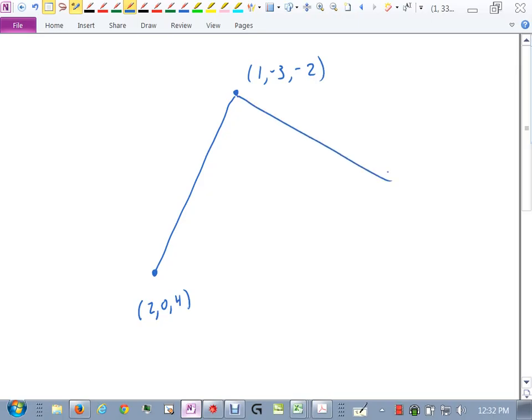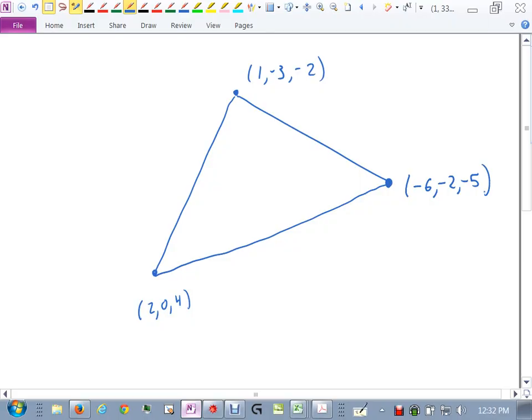I don't know if it's a right triangle, so I'm going to draw it like it's not. Let's look at this first angle right here. I'm going to call it theta. I'd like to know whether or not theta is going to be 90. And we'll call this beta over here and maybe alpha over here, something like that.